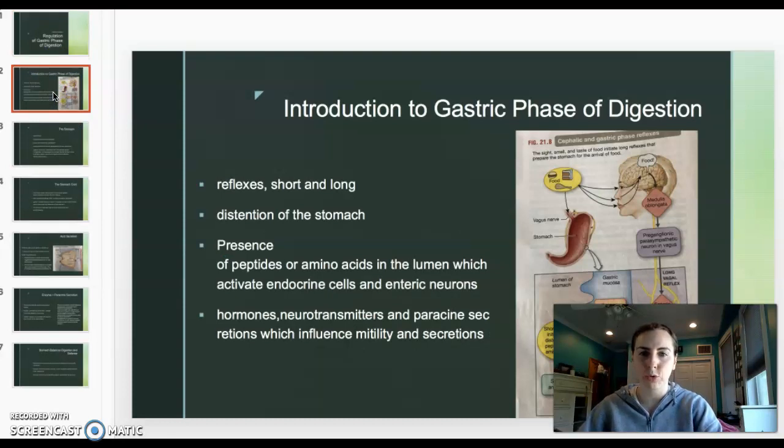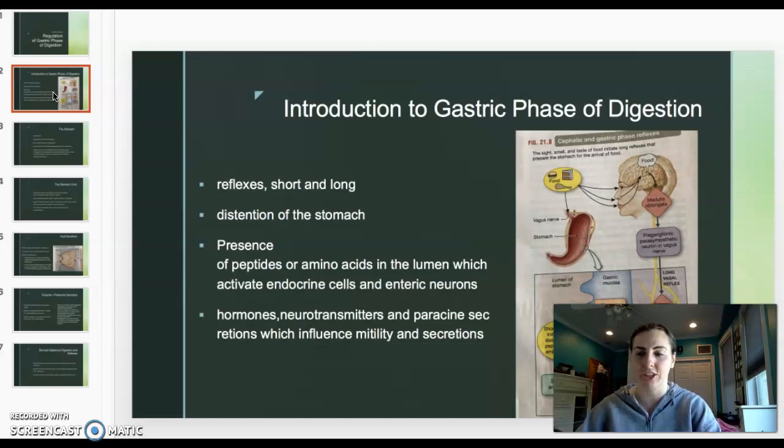Before food is even put into the mouth and enters the body for the digestion phase, the vagal reflex begins the digestive activity. Based on the parasympathetic nervous system, we smell food, we see food, and our nervous system and the vagal reflex stimulate our body to get prepared for the digestion of food.